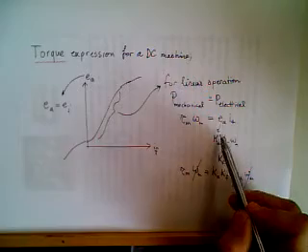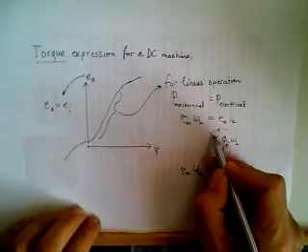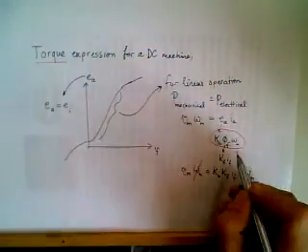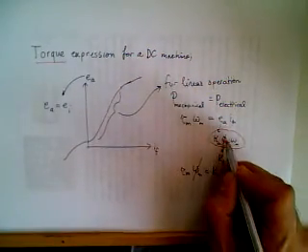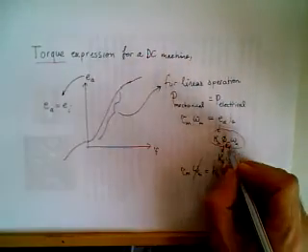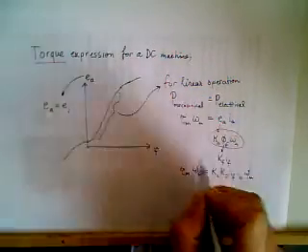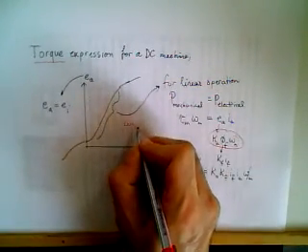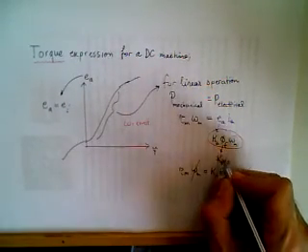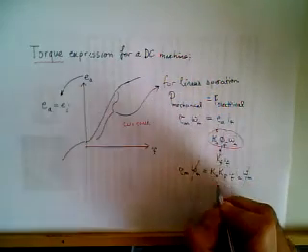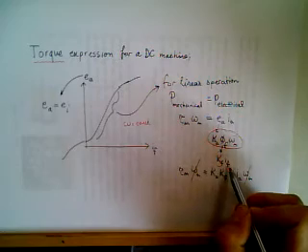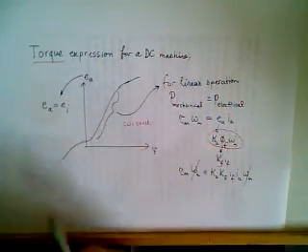From the previous slide, the induced voltage can be expressed as some constant times flux times speed. So, assuming IF is constant and omega is constant, because this operation curve is obtained at constant speed, Ka times omega can be replaced by another constant factor, Kf. So induced voltage is directly proportional to the field current.